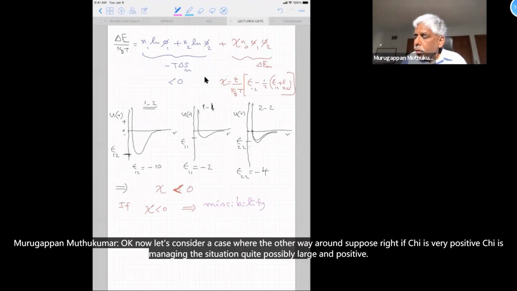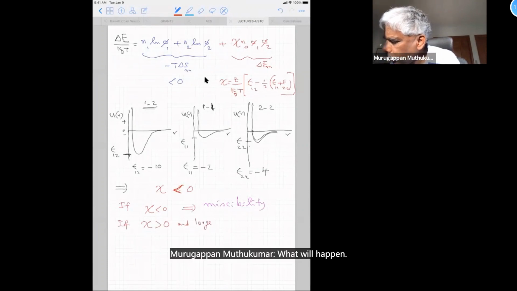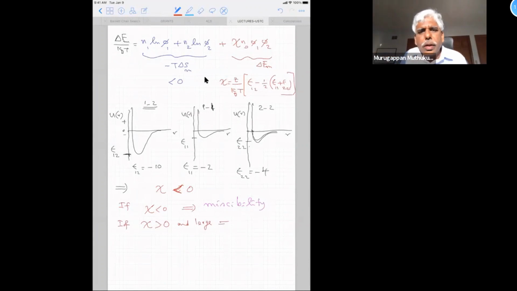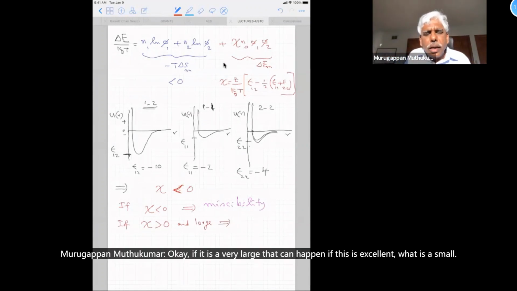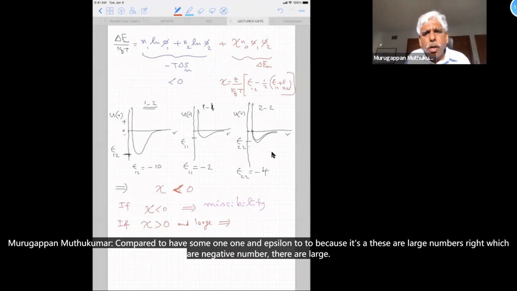Now let's consider the other way around. Suppose chi is very positive, large and positive. What will happen? This can happen if epsilon 1,2 is so small compared to epsilon 1,1 and epsilon 2,2.